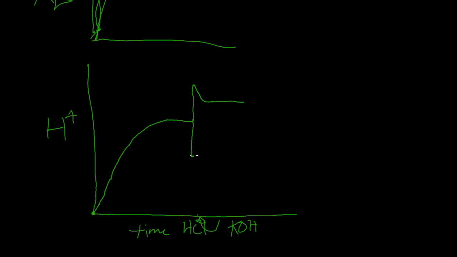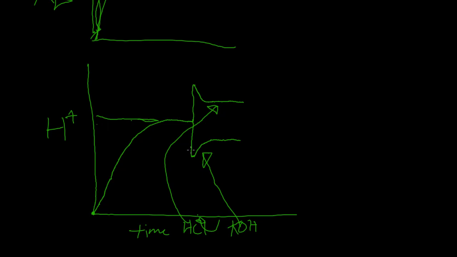It's going to drop down, and then it's going to come up and level out again. So that is the effect. So if we added hydroxide, this is the result, and if we added H plus, this is the result. And of course it needs to be at equilibrium beforehand.